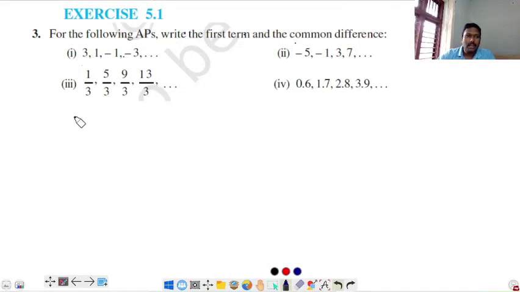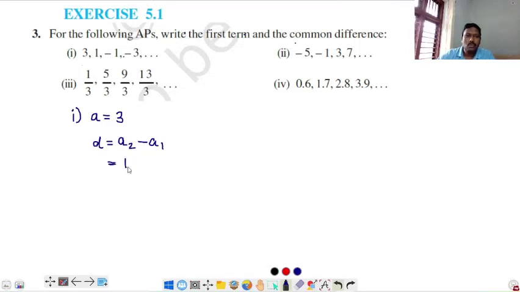So here in the first question, the first term, that is A, is equal to 3. And what is the common difference D? D is equal to A2 minus A1.